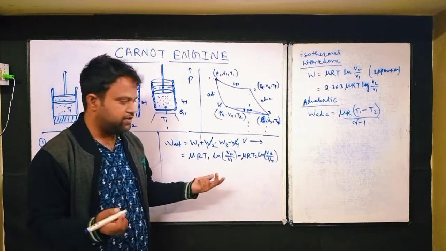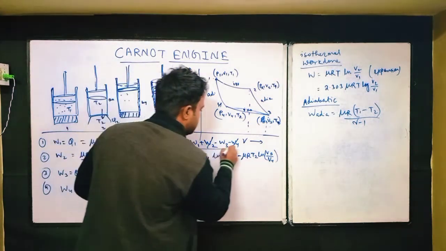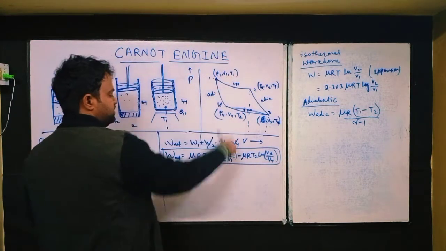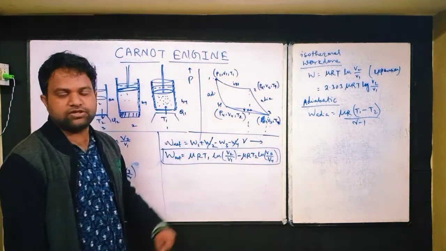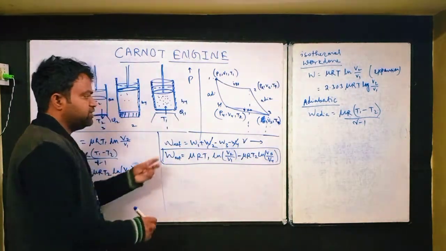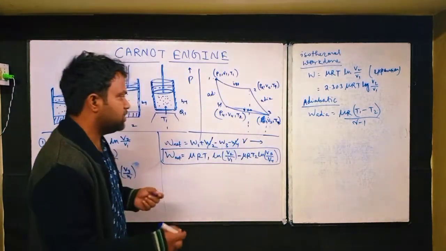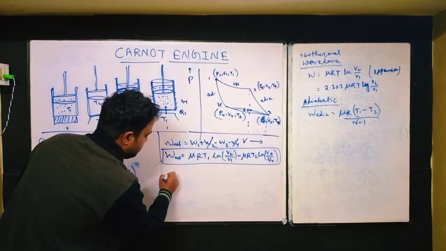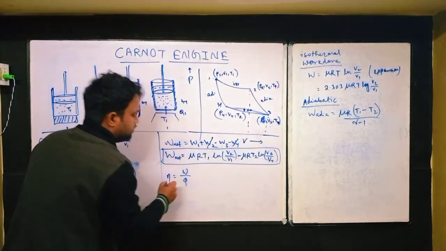Now we'll calculate the efficiency. So this is your W net, the net work done by the engine in this reversible process. Now we'll calculate the efficiency of the machine. This is very important, and questions on calculating the efficiency of the machine come many times. The efficiency definition we have discussed: W by Q, where Q is the heat supplied.